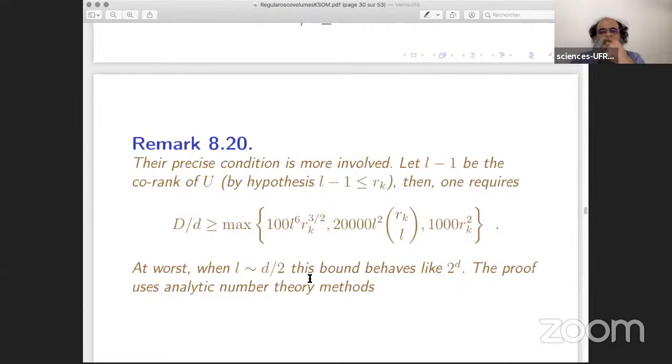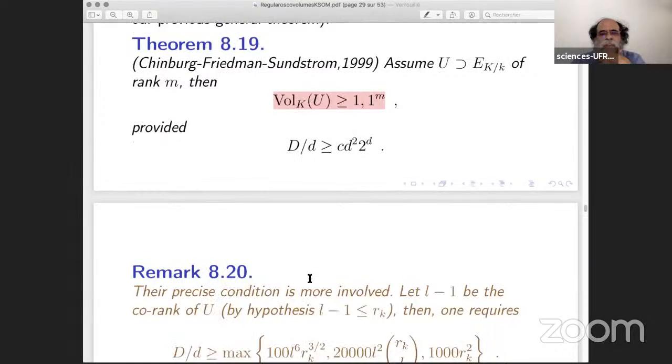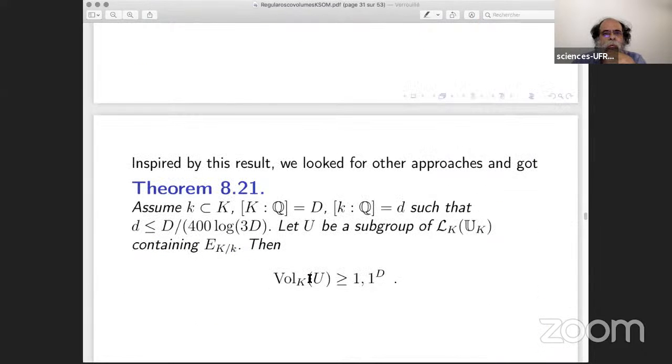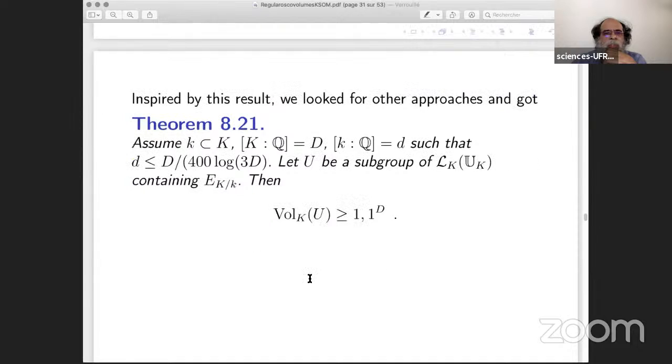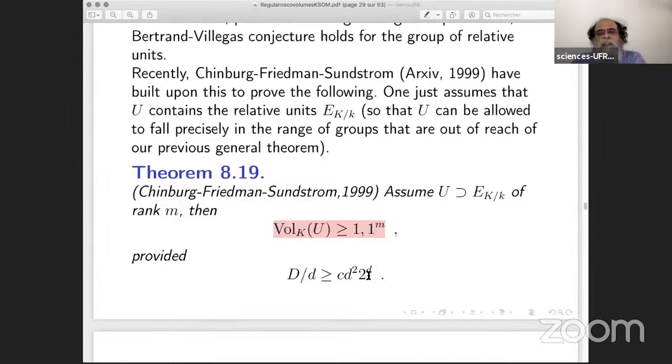Okay, the precise statement is a bit better, so we will not discuss that. We want to have simple statements so that we can put them in slides. If you need the precise statements, I can always tell you. So what we did is on the same line, so it's the same statement. The only thing is that the relative degree now is only required to be at least the log of the degree instead of an exponential of the degree.